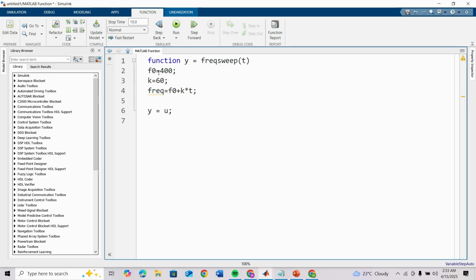Then for the correct phase for a linear chirp we need phase equal to 2 pi times f0 t plus k divided by 2 multiplied by t squared.